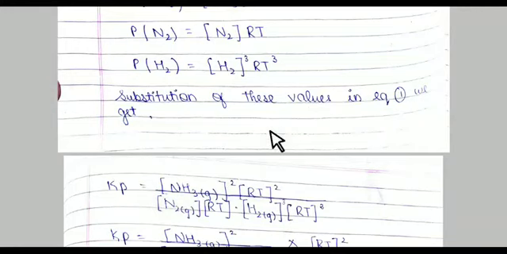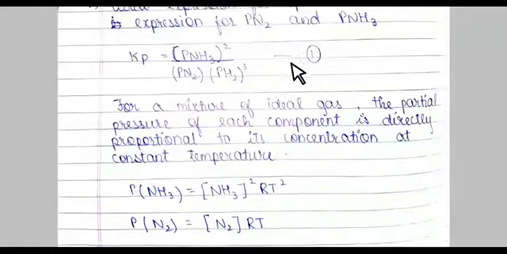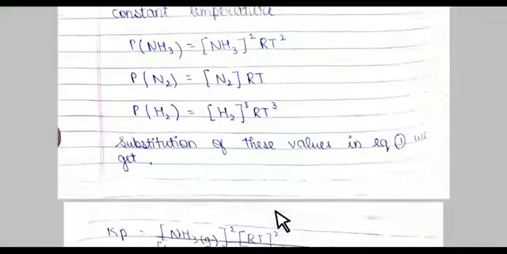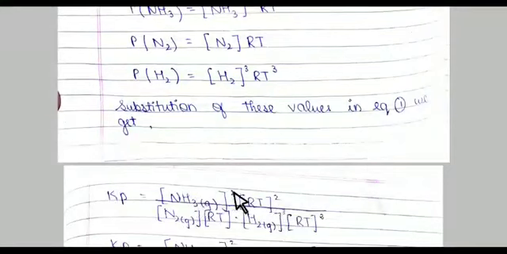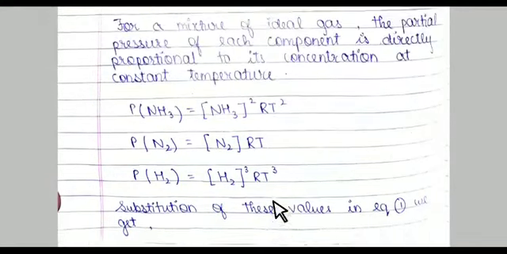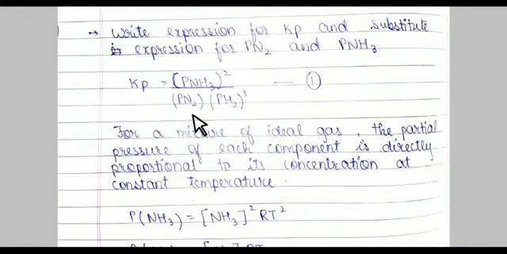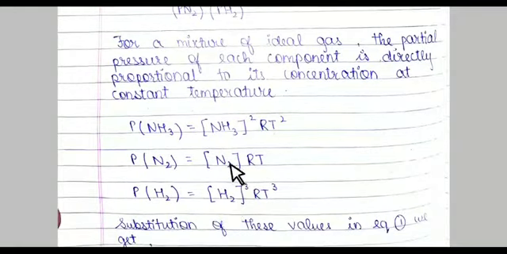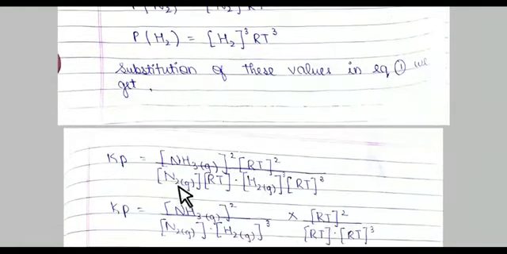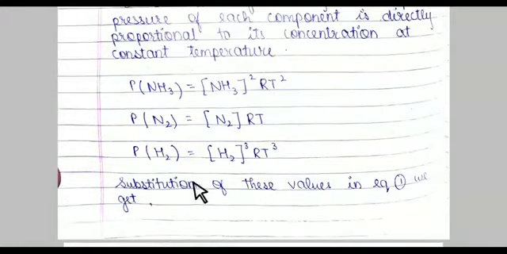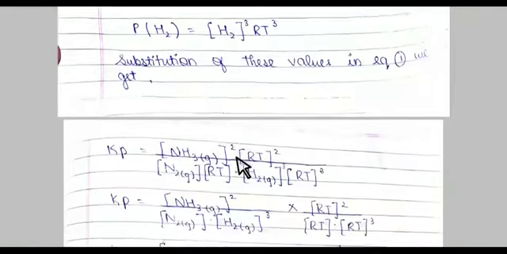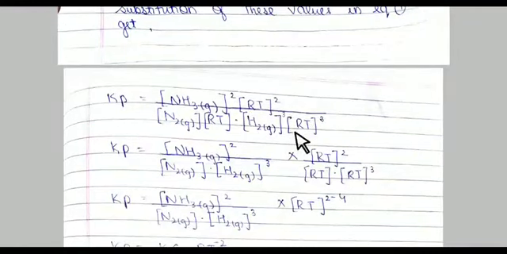Kp is equal to, in place of partial pressure of NH3 squared, we have to write concentration of NH3 squared, RT squared. In place of P N2, we have to write concentration of N2 times RT. In place of P H2, we have to write concentration of H2 cubed, RT cubed.